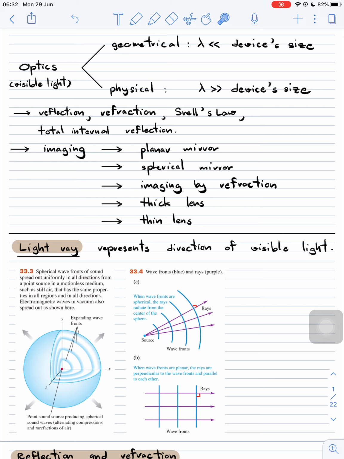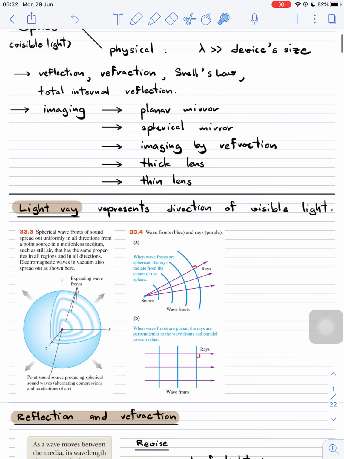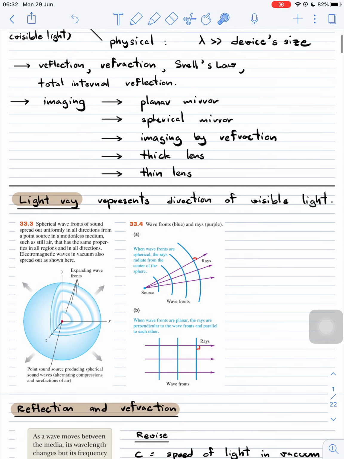So we want to consider the refraction of visible light on an interface, and we need to know about Snell's law and total reflection. I think you have learned these topics a lot in high school, so I'm going to go quite fast here. Later on we talk about how the image can be formed.